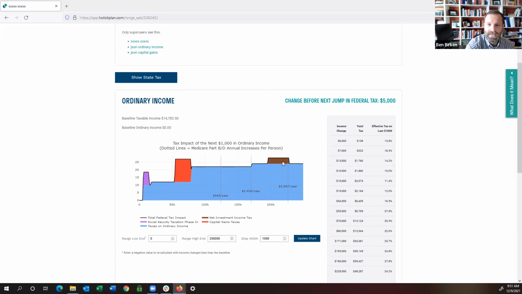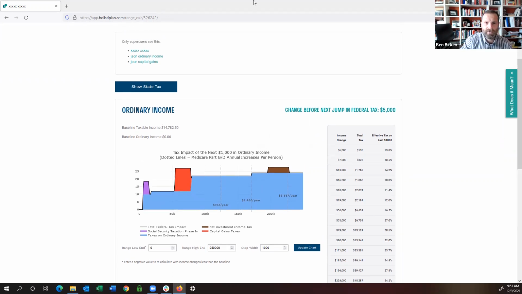What this section right here is telling us, if I can bring my drawing tool back in, is that at this point we've added enough income that we've broken past that $250,000 threshold.